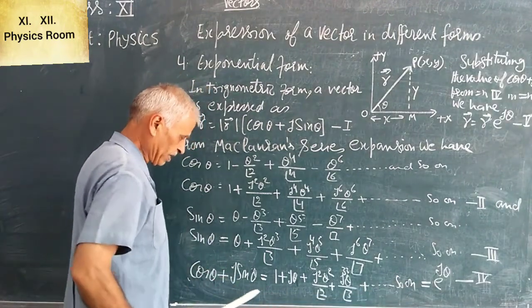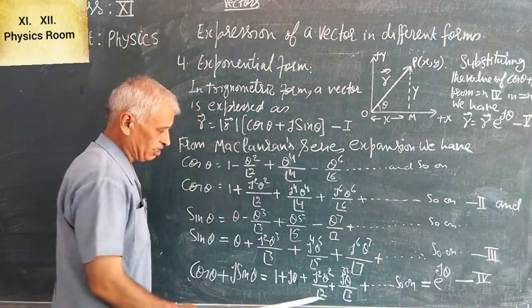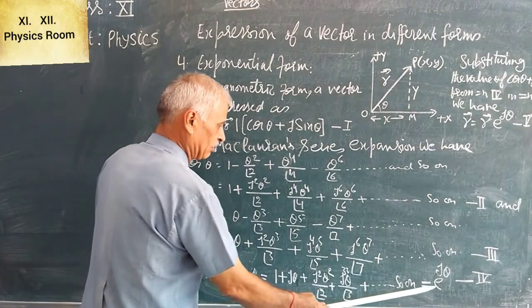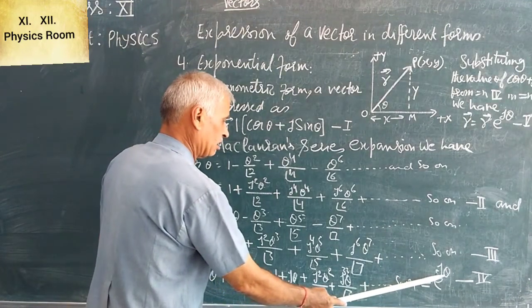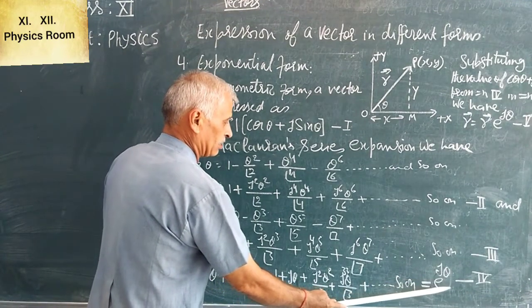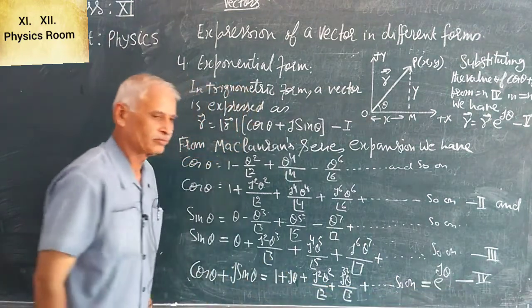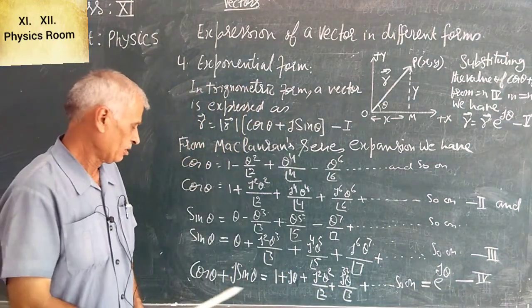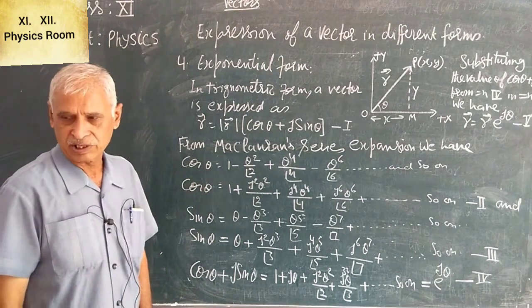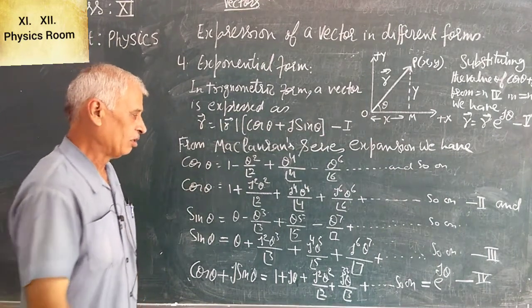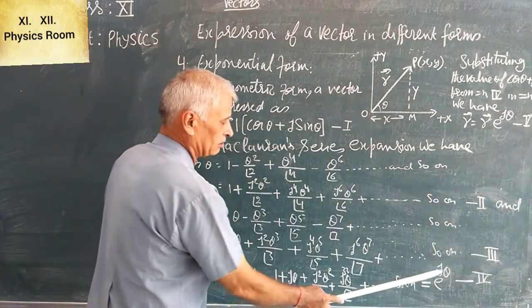And this expansion of cos theta plus j sin theta is equal to e raised to power j theta. Let us mark it as equation 4. So we have the value of cos theta plus j sin theta equal to e raised to power j theta.